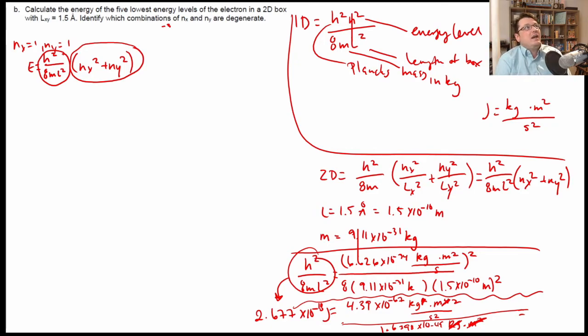And a distance of 1.5 angstroms is the distance of a bond, so that's not unreasonable for an electron to exist in. That region of joules makes sense to me. If my answer was times 10 to the negative 30, I'd be worried for something that's a pretty close physical model.